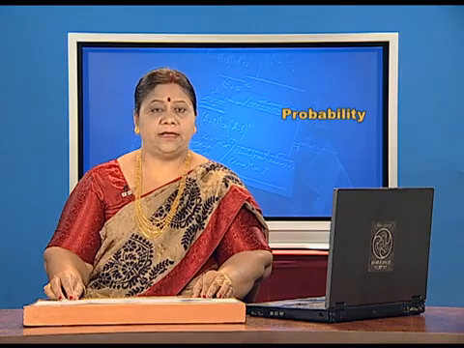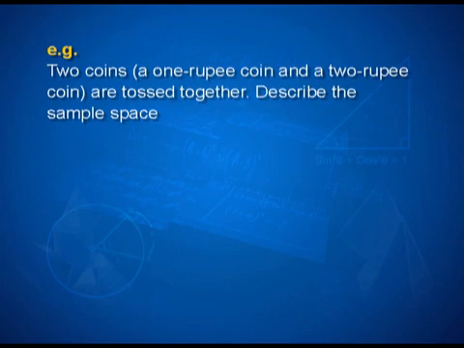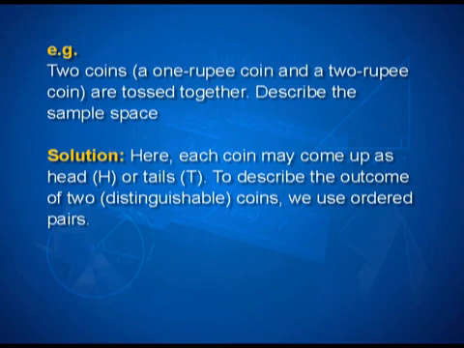Let us look at this example. Two coins, a 1 rupee coin and a 2 rupee coin, are tossed together. Describe the sample space. Here, each coin may come up as head H or tail T. To describe the outcome of two distinguishable coins, we use ordered pairs.